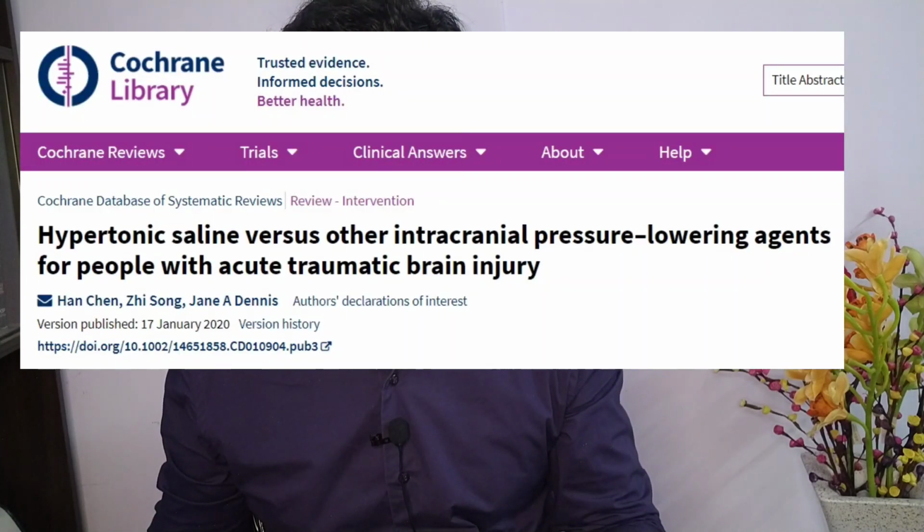So, according to a recent Cochrane systematic review, hypertonic saline is not better or superior than mannitol in efficacy and safety. So, if somebody asks you which agent you will use, you say mannitol, but you always say that hypertonic saline is equally effective. But because you are more comfortable with mannitol, it can be used.